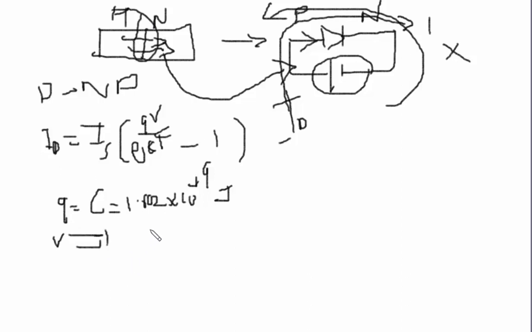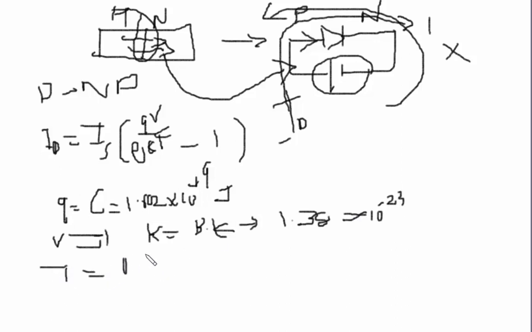Okay, then K is the Boltzmann constant, that is given as 1.38 into 10 to the power of minus 23, and T is the room temperature, or any temperature that is incident, which we will consider here; T is in Kelvin.